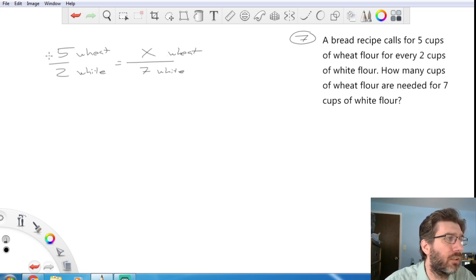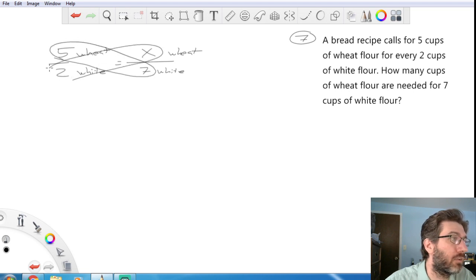With that, just cross multiply 5 times 7 and 2 times x, and they should be equal to each other. 5 times 7 is 35, equals 2x.